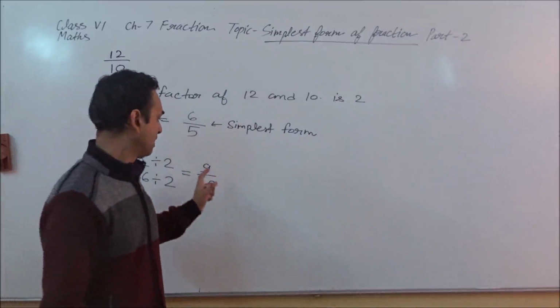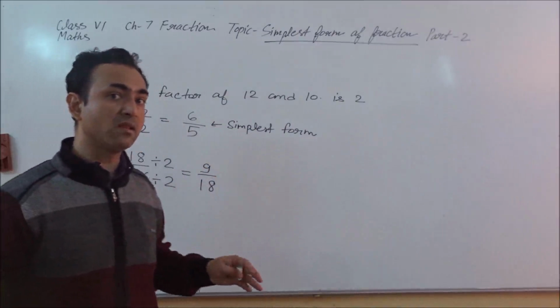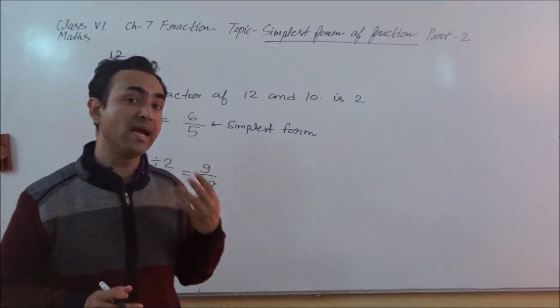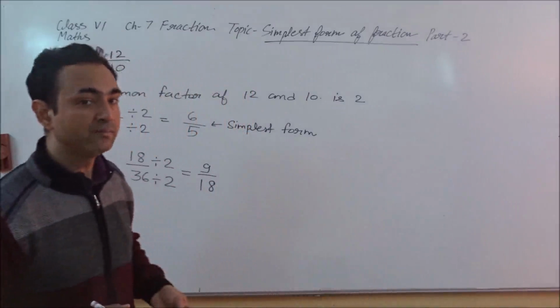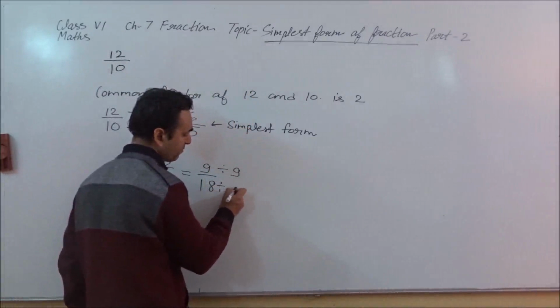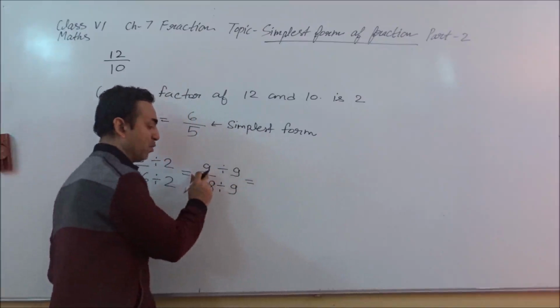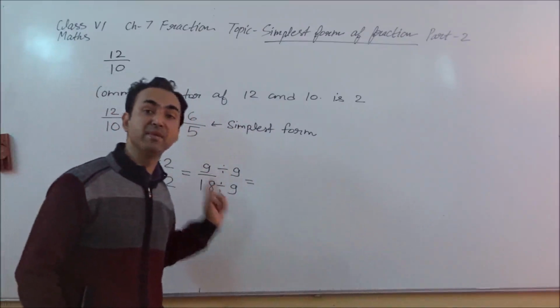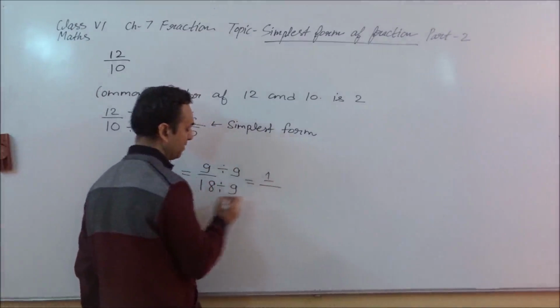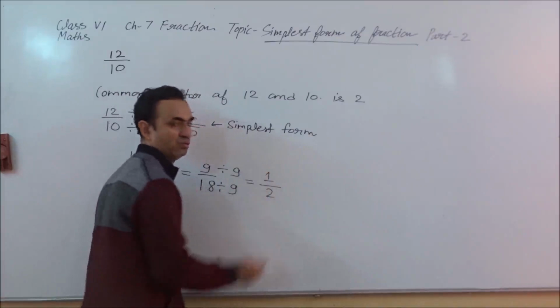Now again you will think whether these two numbers, 9 and 18, can be divided by any other number except 1. Yes, they can be divided by 9. The condition is that both numbers should be divided by the same number. So 9 divided by 9 you get 1, and 18 divided by 9 you get 2.